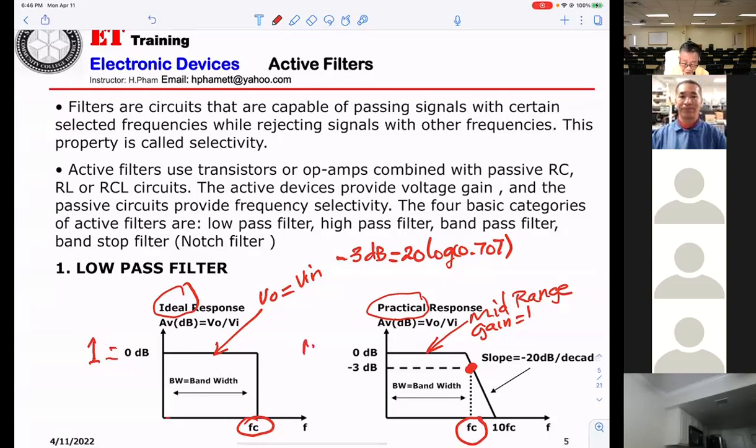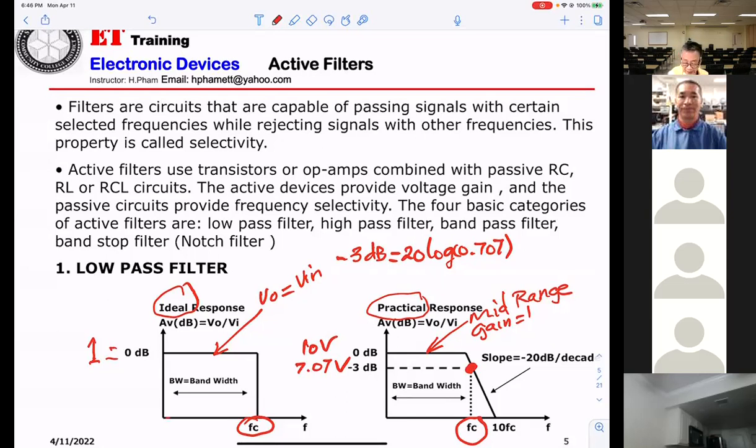If you get 10 volt here, what voltage at the minus 3 dB? 7.07. In order to get 7.07, you take 10 times 0.707. So at the cutoff frequency, it's going down. You lose some voltage.